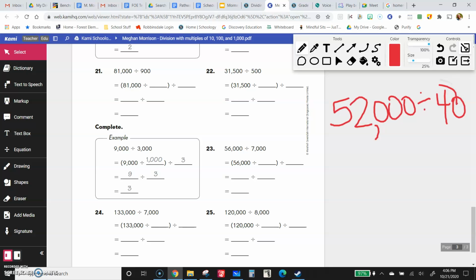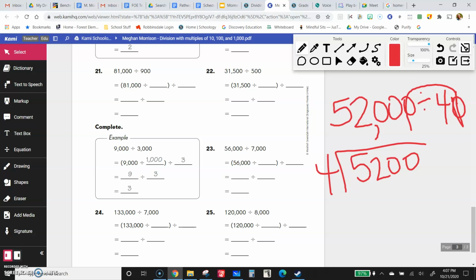Okay, well I can take this 0, cancel that out, and then I could just do 5,200 divided by 4. So I don't necessarily have to do that whole steps that it's showing me, but they are just showing you sort of the steps behind it. That we're canceling out the zeros first, and then we're doing the division.